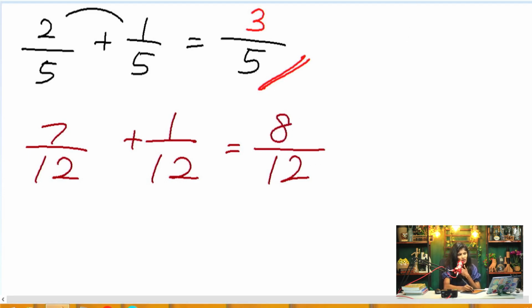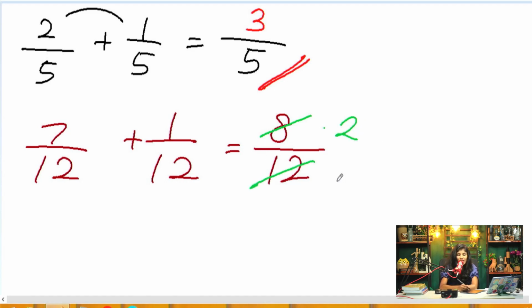If we got an answer like this, we can simplify it a little bit further. 8 and 12 both can be divided by 4, right? So we are going to simplify both 8 and 12 by 4. This is the way to do that. For 8, how many 4s are there? That is 2, 2 times 4 is 8.